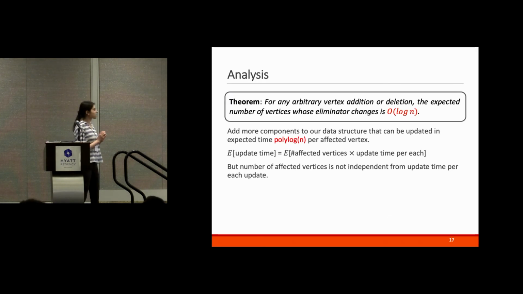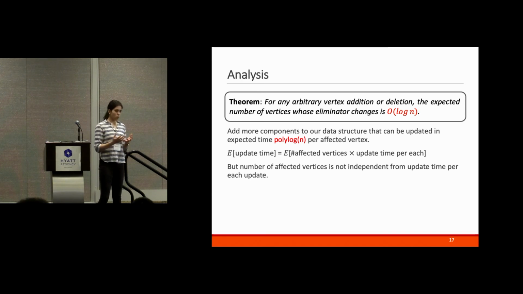I'll just give you a very small glimpse of our analysis. We have these 2 results. The first is that for any arbitrary vertex addition or deletion, the expected number of vertices whose eliminator changes is O(log n). So this means that the number of vertices whose eliminator changes is limited.